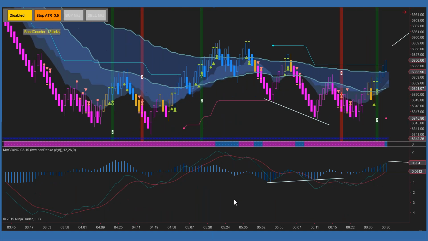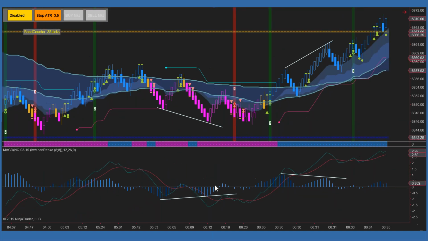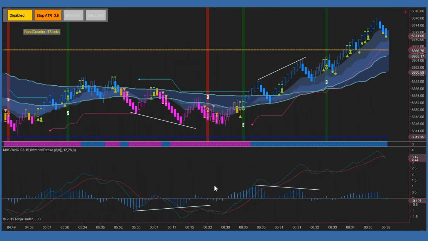Another interesting tidbit, while I think of it, is that you're going to find your indicators, like your MACD, are going to be a little bit more responsive when you're using your indicator with mean Renko bars.